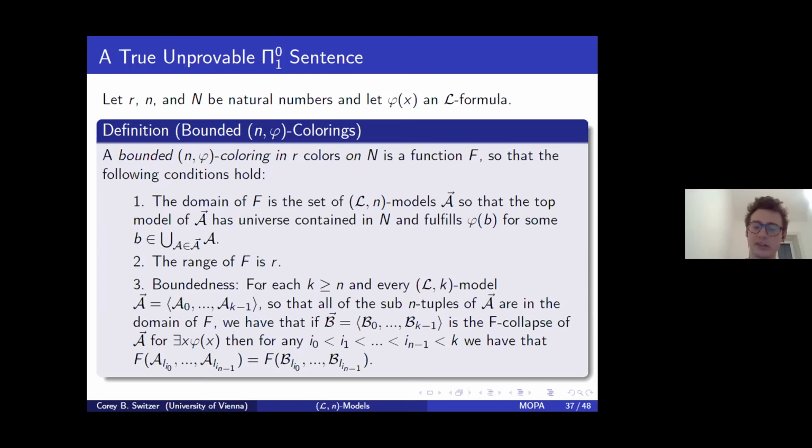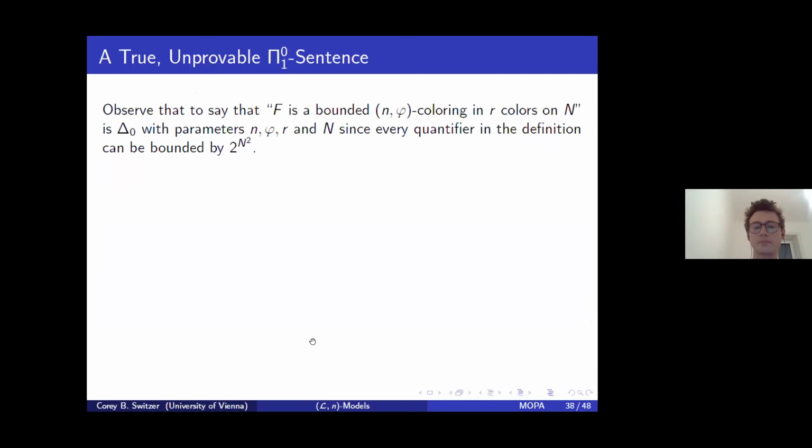It says that for each k greater than N, if I take some long sequence, longer than N, some L_k model, and I look at the F collapse, this finite model collapse that I told you about, so I collapse it down to some tiny little substructure, and I look at any n-tuple of indices, then how I chose to color the small n-tuples, the little collapsed version, was the same as how I chose to color the big one. So all I really need to know in order to know how F behaves is what it does on the F collapses. And this is going to be how I bound my existential quantifier.